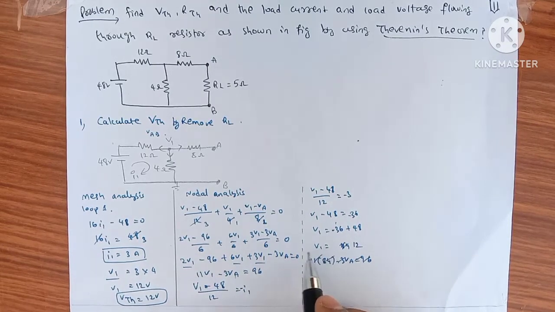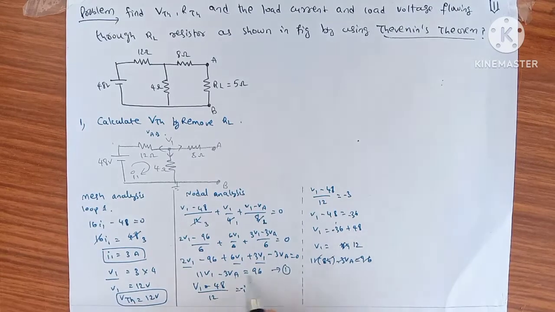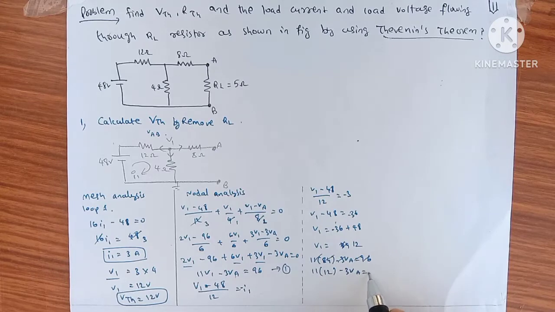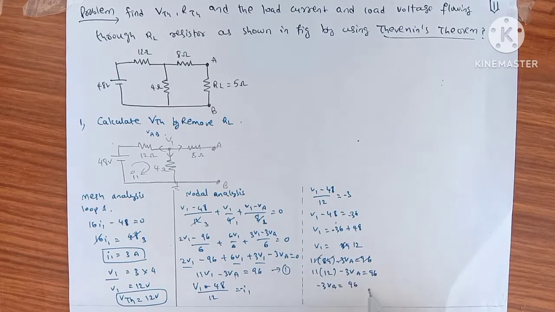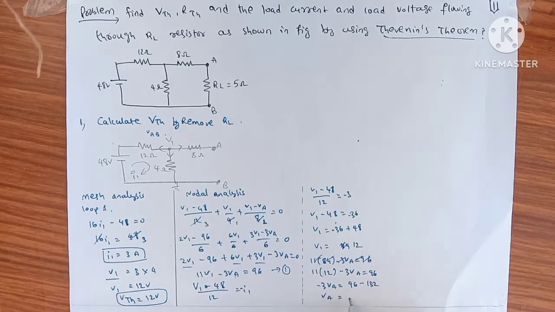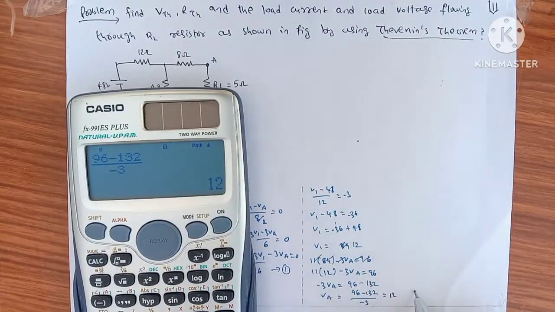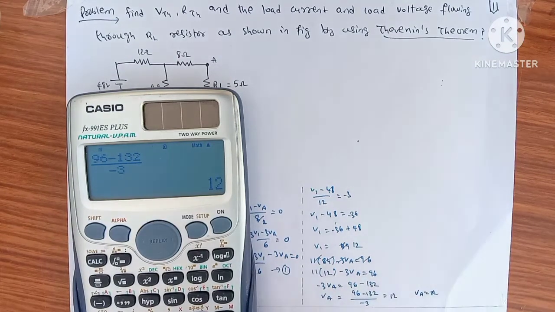If we substitute V1 in this equation, take this as equation 1. Substituting V1 in this equation, 11 into 12 minus 3VA is equal to 96. Now minus 3VA is equal to 96 minus 132, since 11 times 12 is 132. Now VA is equal to 12 volts.